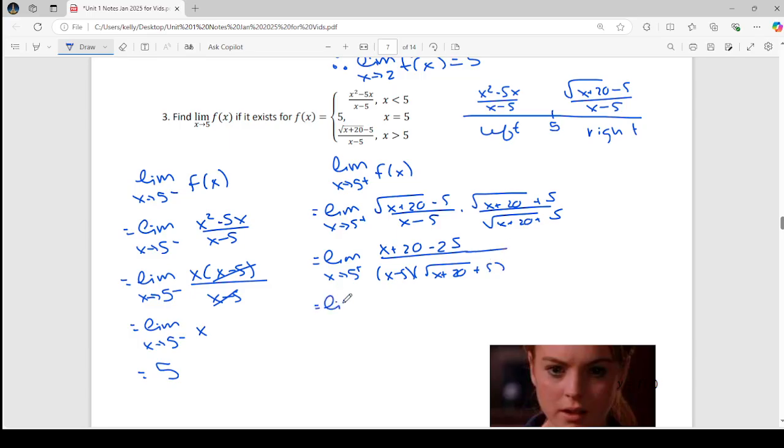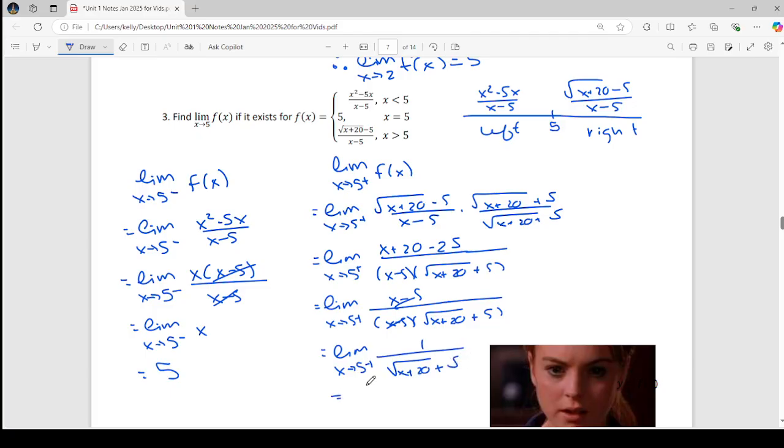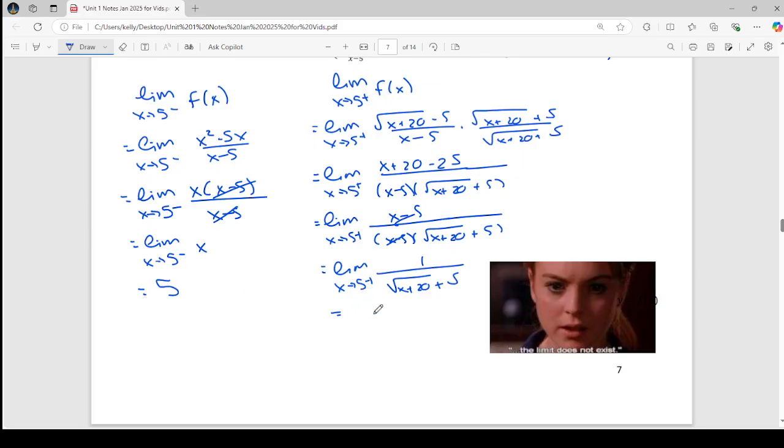Our numerator cleans up to x minus 5, which is great. That will cancel out with the problematic part of our denominator. So we have 1 over the root of x plus 20 plus 5. Then we can sub in, so that's 1 over the root of 25 plus 5, which is 1 over 10.